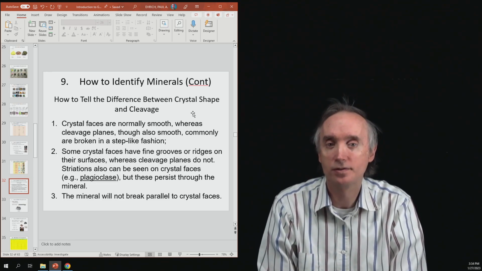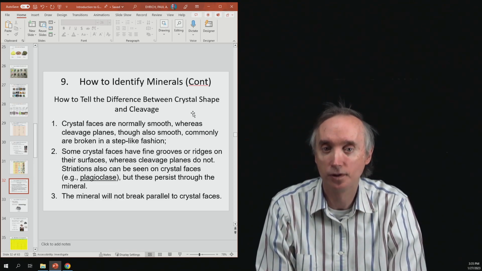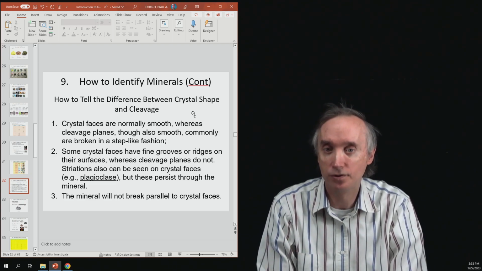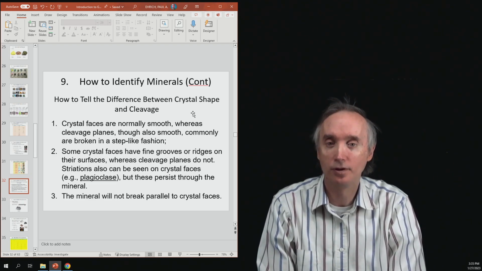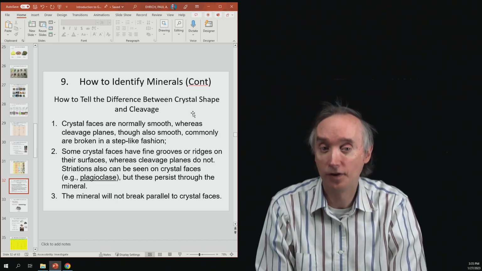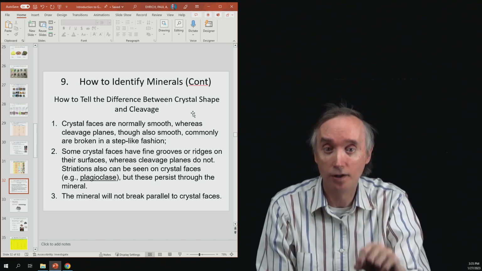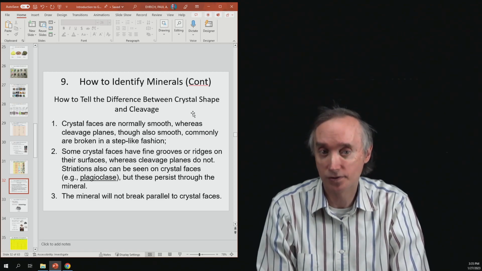Some crystal faces have fine grooves or ridges on their surfaces, whereas cleavage planes do not. So an example of this would be striations. When we look at feldspar, for example, plagioclase feldspar is going to have these striations on the crystal face.